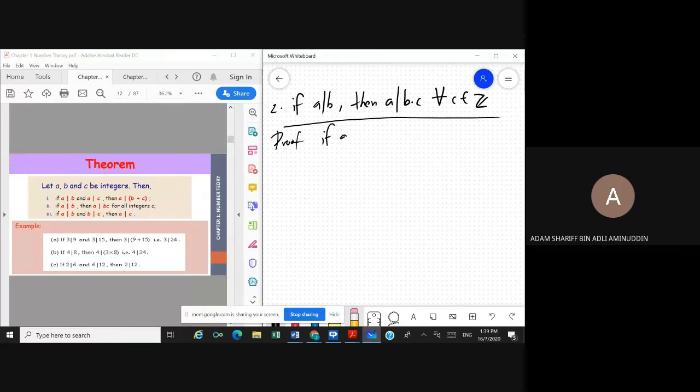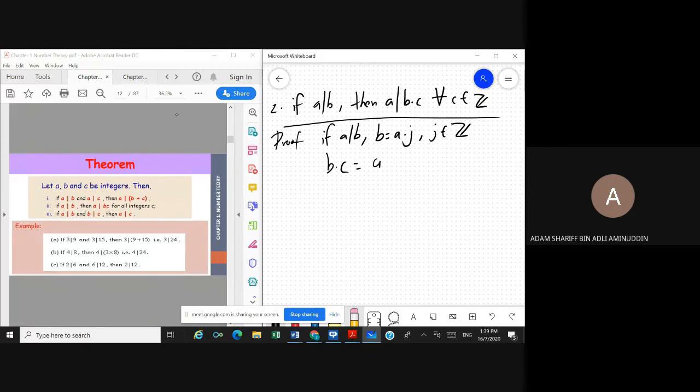Right now, if A is a factor of B, then I believe B equals A times J. J is an integer. This is B. What is BC?